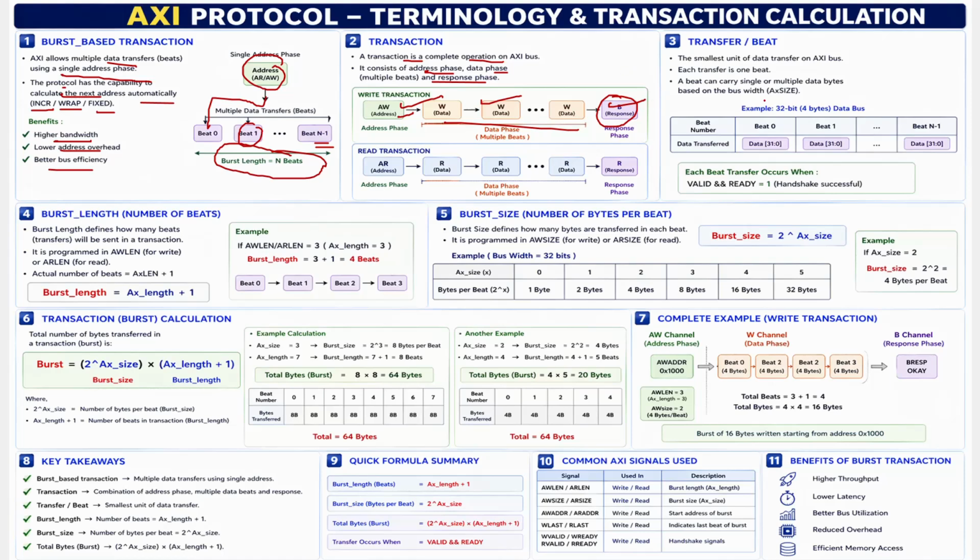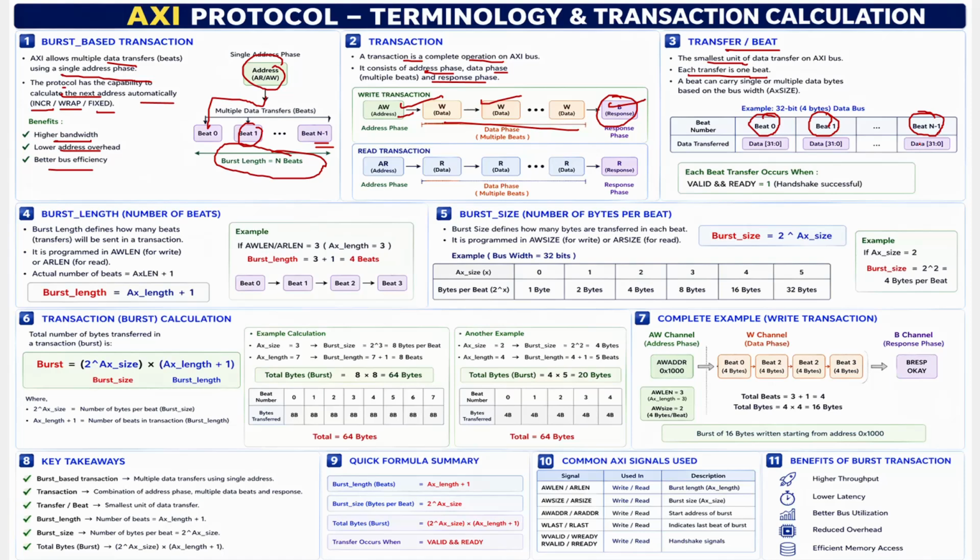See, transfer or beats. The smallest unit of data transfer on the AXI bus, each transfer is 1 beat. So this is beat 0, this is one transfer. Beat 1 means another transfer, and beat n minus 1 means n transfers will be taking place. All these transfers are treated as one transaction. Transfer and transaction are different.